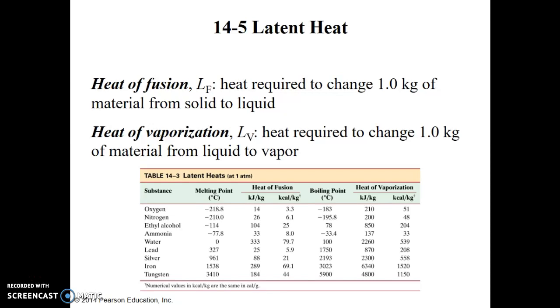You also have the heat of vaporization, which is the heat required to change 1 kilogram of that material from a liquid to a vapor. Once again, if you go from a vapor to a liquid, it's the same number, but negative. Here in this table, it shows the heat of fusion and the heat of vaporization for different substances, along with the melting and evaporation points for each substance.